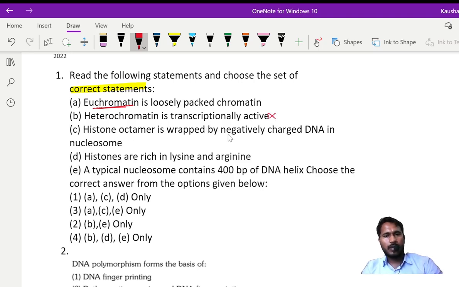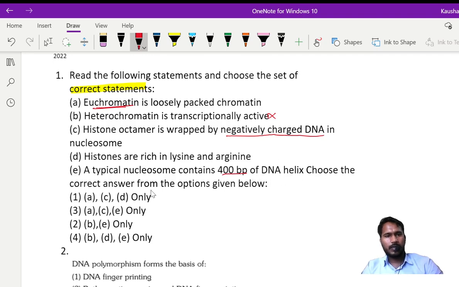Histone octamer is wrapped by negatively charged DNA in nucleosome. Histone is rich in lysine and arginine, and a typical nucleosome contains 400 base pair of DNA.